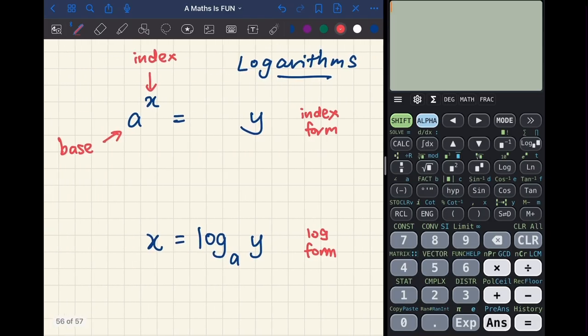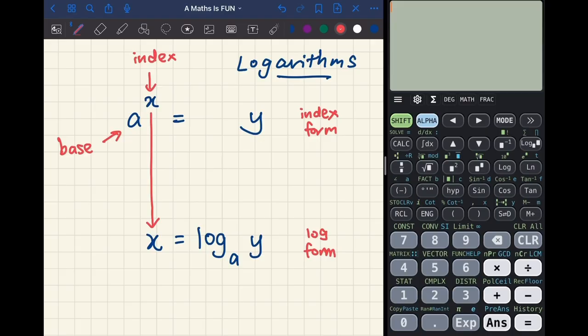Okay, and how do I convert it to log form? Actually, this log form represents the power or the index of the base. Specifically, log y base a is talking about this x, which is the index. So in converting that, we look at the index itself, which is x.